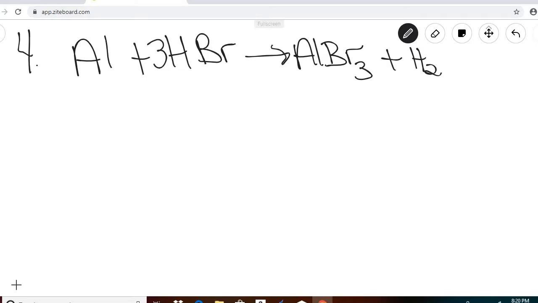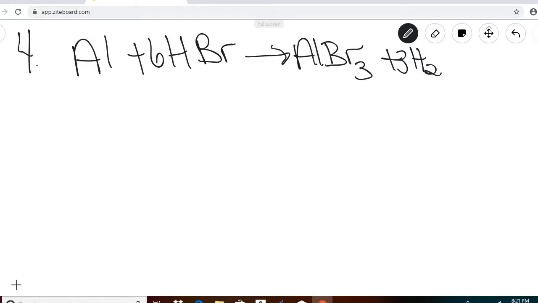Now we have 3 hydrogens over on the product side, and we have 2 over here. So we can fix that by getting 6 on each side. So let's put a 3 here, and then let's change this to a 6 over here.